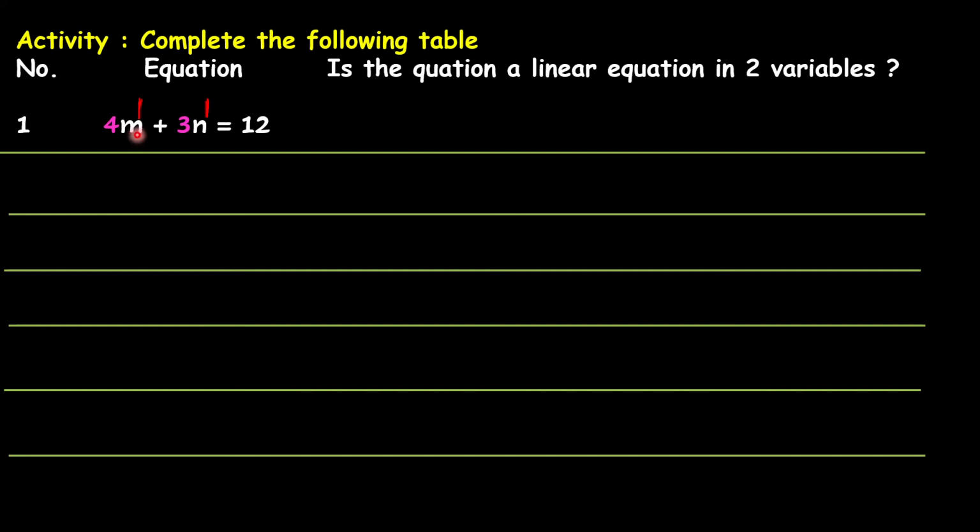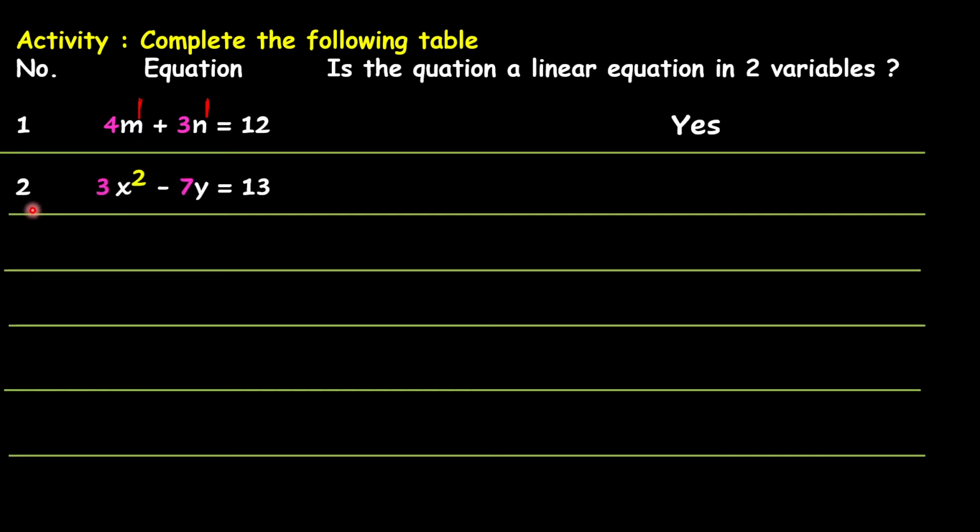Therefore, the degree of the first term is 1 and also degree of the second term is 1. Coefficient of variable m is 4 and coefficient of variable n is 3 that are not equal to 0. Therefore, we say that the given equation 4m plus 3n is equal to 12 is the linear equation in two variable.